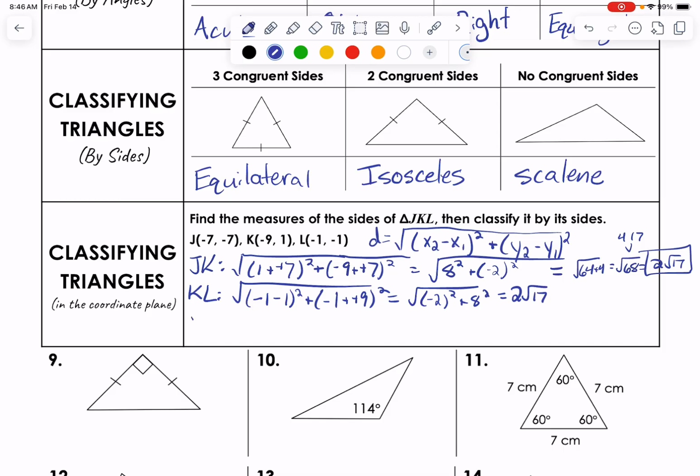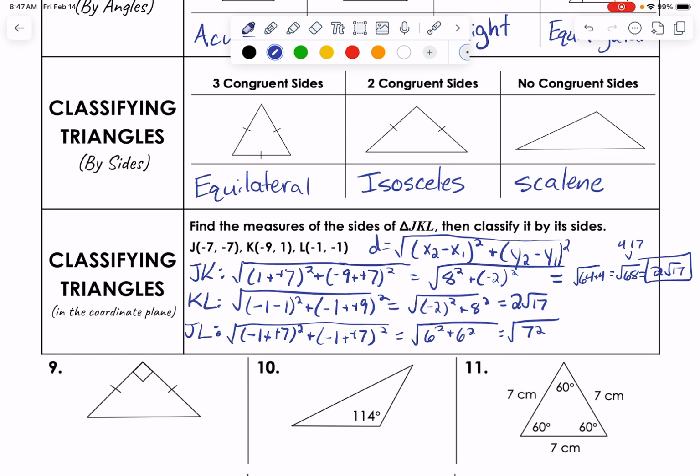And finally, we've got JL. This is the last possible combination. So remember, your triangle only has 3 sides. So square root of JL, so -1 minus -7 squared plus -1 minus -7 squared. So if we do the addition on this, we're going to get 6 squared plus 6 squared, which is the square root of 36 plus 36 is 72.